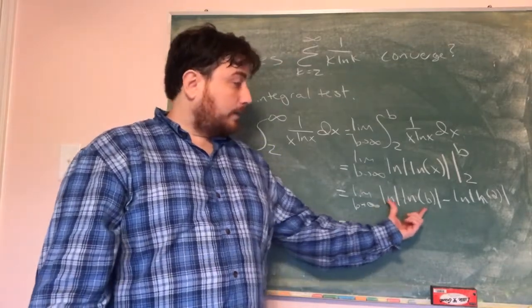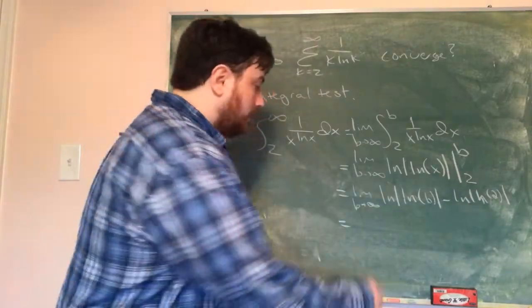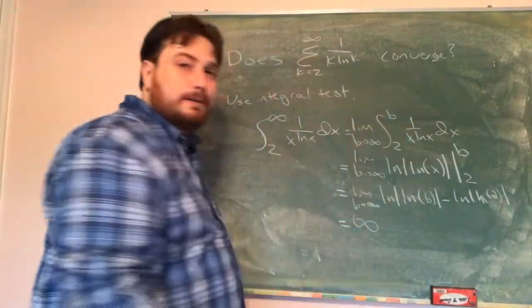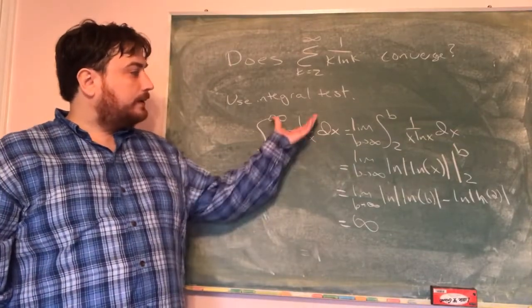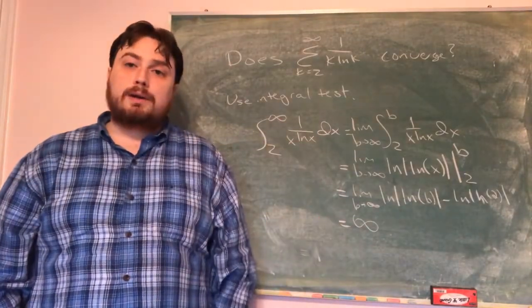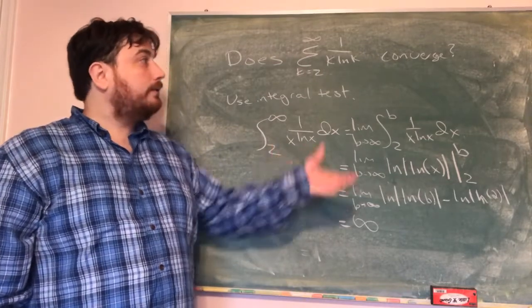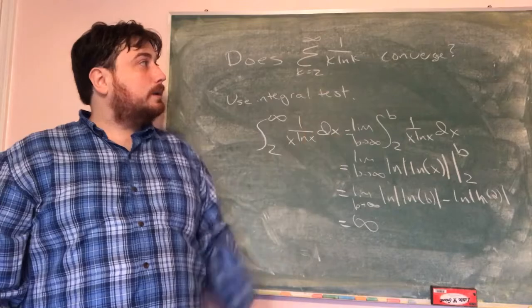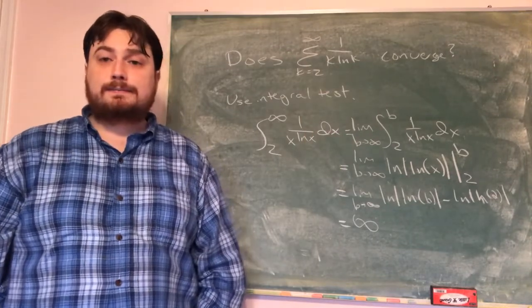So I get an infinite term minus a finite term, and so this would be infinite. That is, the area under this function between 2 and infinity would be infinite. Therefore, this integral diverges. So therefore, the original series 1 over k natural log of k diverges.